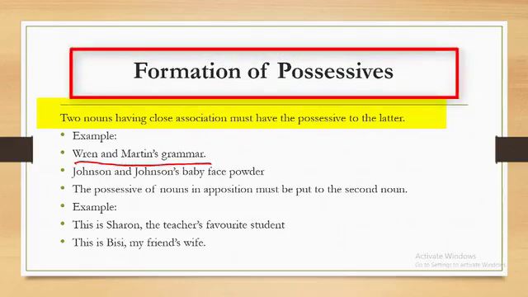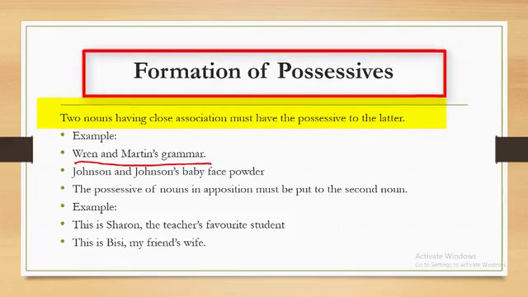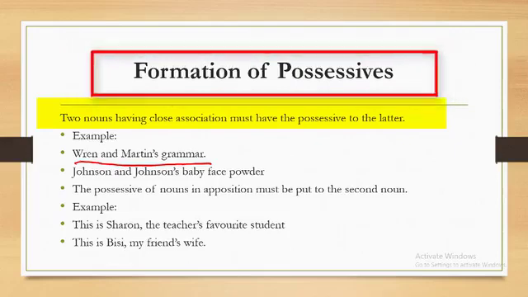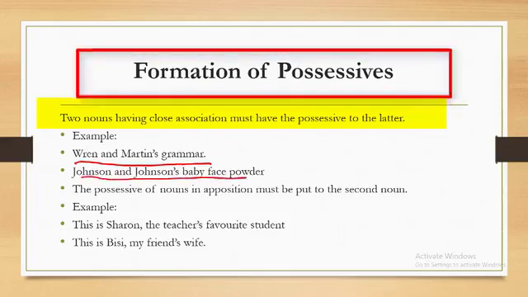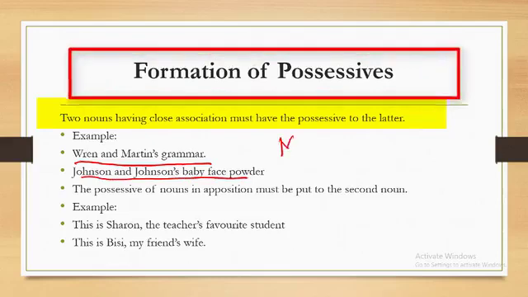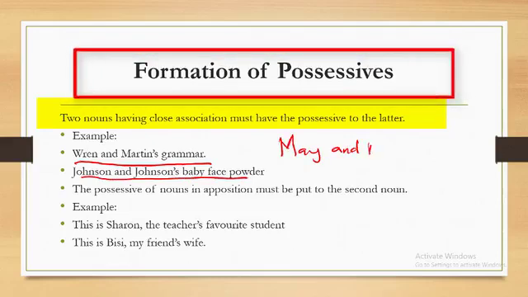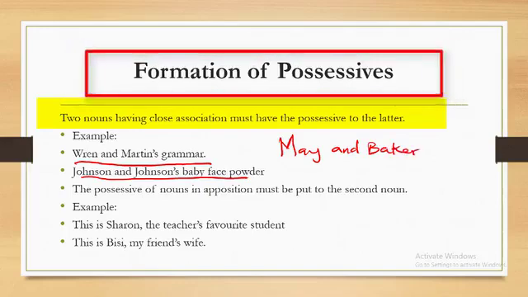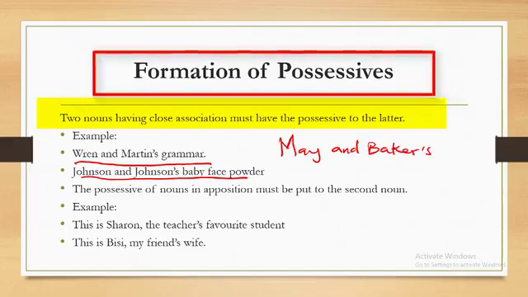So the second noun, or the noun closest, or what you call the latter noun, receives the possessive case, not the former, not the first noun. Johnson and Johnson's baby face powder. We have May and Baker's, not Mays and Baker, so it's May and Baker's pharmaceutical.